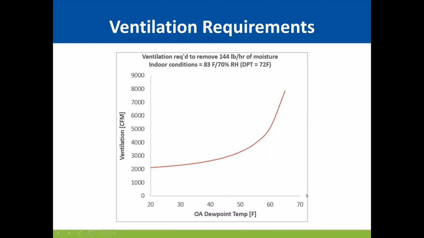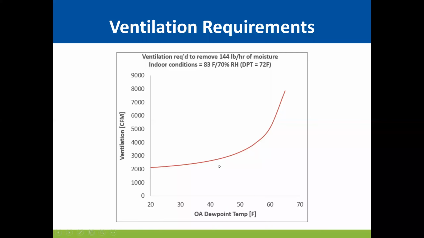So what you see, and maybe this isn't surprising, but as you increase the outside air dew point temperature, we have to use more and more and exponentially more air to remove moisture, right? I mean, once it's 72 degrees outside, we're just introducing the same quality of air that's inside.